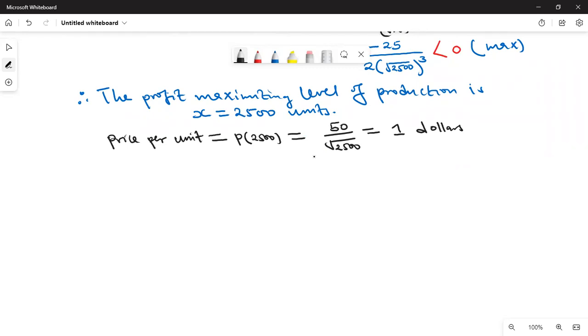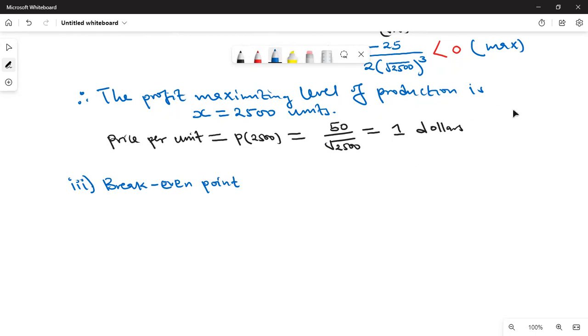And in the other part, in part 3, we are asked to find the break-even point. So what do we know about this point?